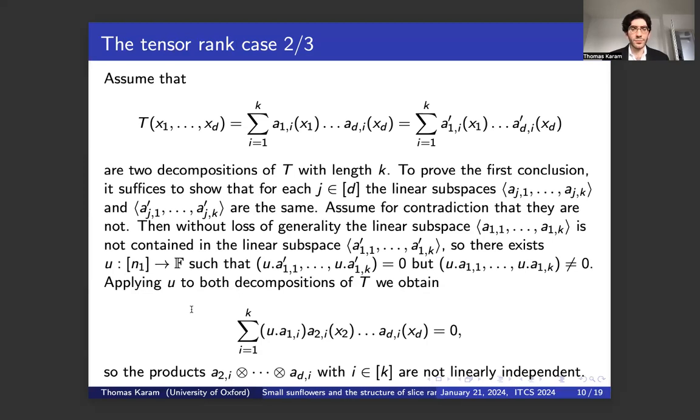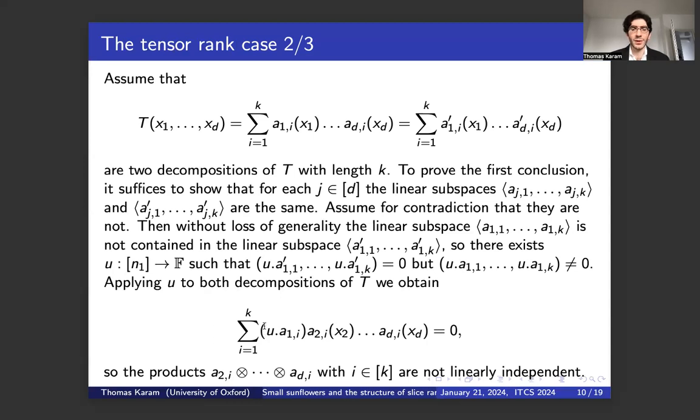We can put parentheses around u dot a1i, and the remainder of the expression is unchanged. And we can do, of course, the same for the second decomposition, but using that all of these inner products u dot a1i dash are 0. We get that when we apply u to the second decomposition, we do get the 0 tensor, and therefore this provides the equality that we have at the bottom.